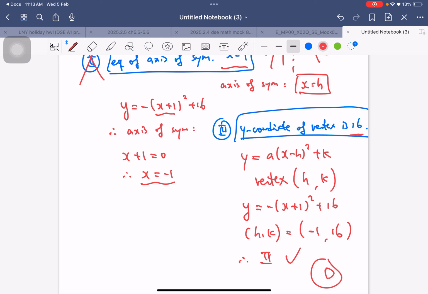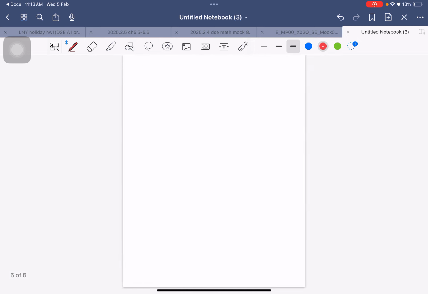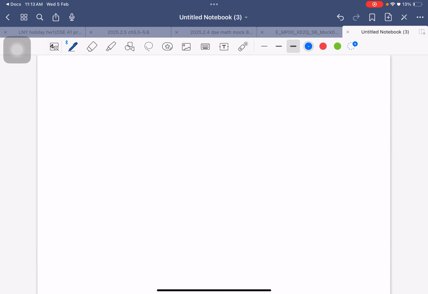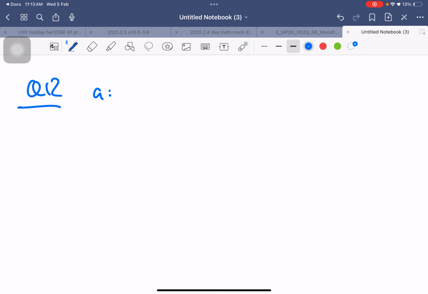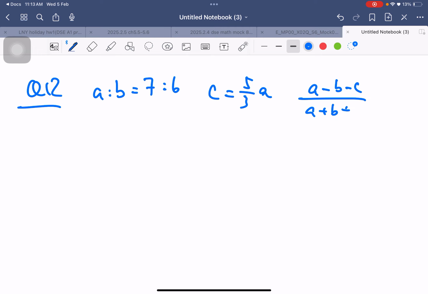Alright, question 12. We have A to B is equal to 7 to 6, and then we have C equal to 5 over 3 A. Then find out what is (A minus B minus C) divided by (A plus B plus C).